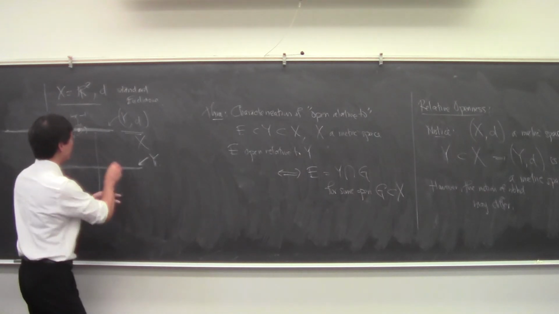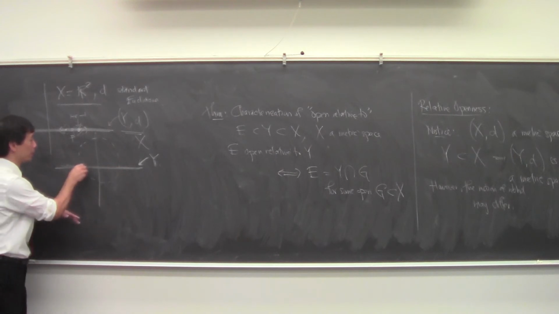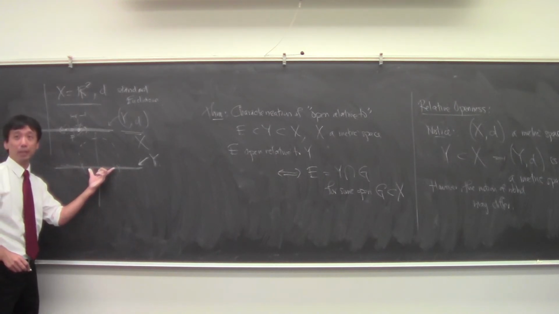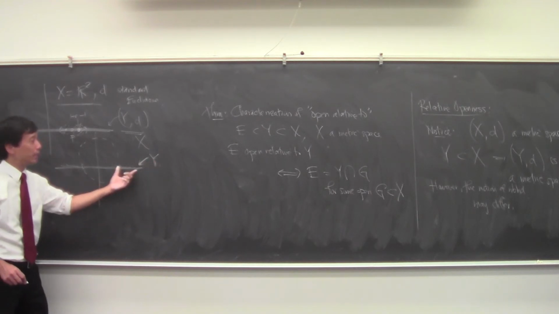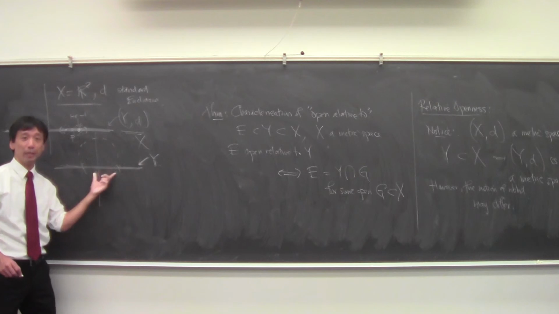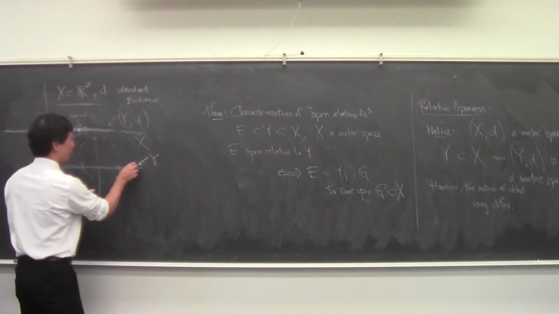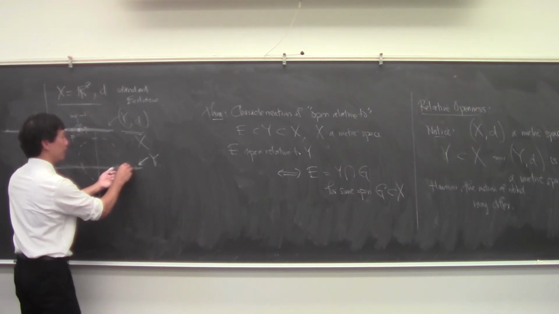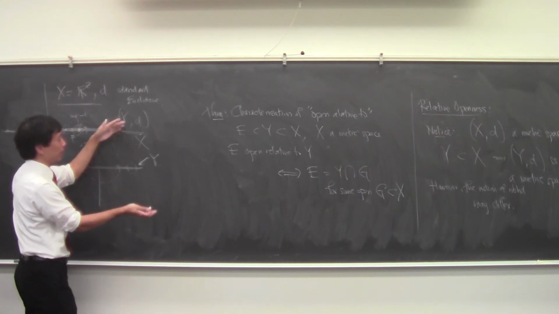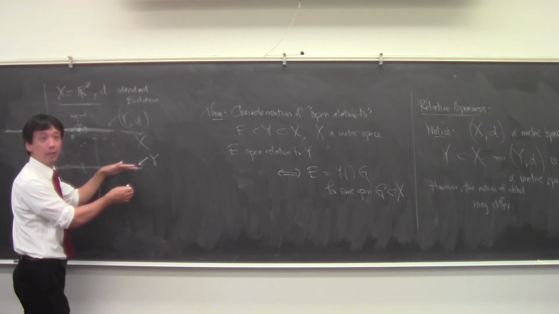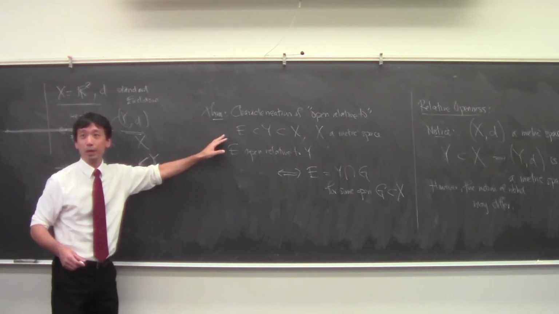One, that if you take an open set in X and you intersect it with Y, then you get something that's open relative to Y. And it's also saying the opposite, that anything open relative to Y is obtained in this way. If I have some set open relative to Y, then I can think of it as the intersection of some open set in X intersected with Y. So this is a characterization of these sets.